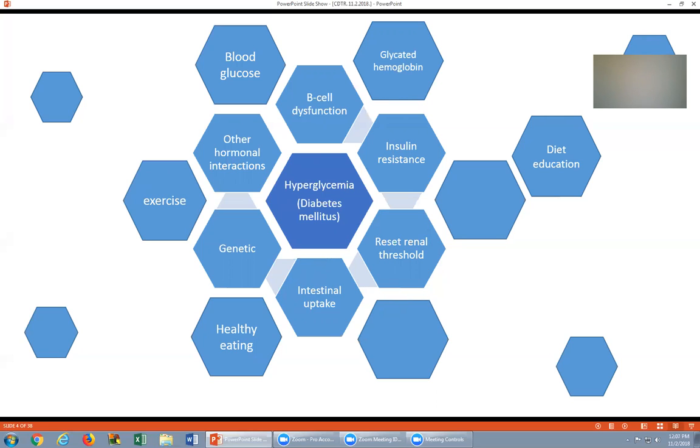Intestinal uptake is impaired? Genetics, and then what are the other hormones? What are called the GLP-1s, the new medications that are coming out, that are addressing the incretins, which are a type of hormones. And then there's another set beyond that, and that is the blood glucose, the glycated hemoglobin.